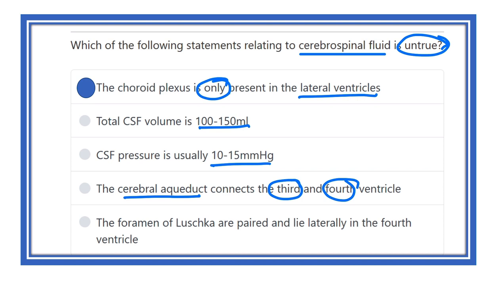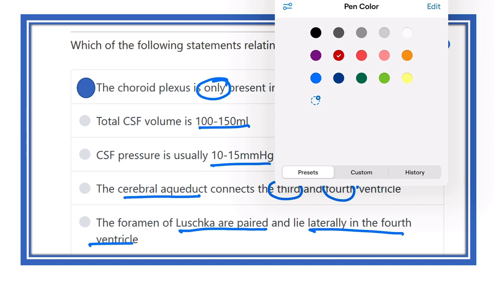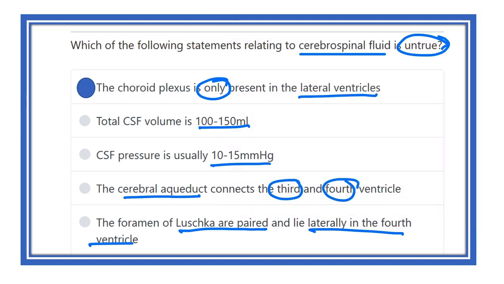Foramen of Luschka is paired, that means it is situated on either side of the fourth ventricle. So the only false option is that the choroid plexus is only present in the lateral ventricle. It is not true, because the choroid plexus is present in all other areas like the third ventricle and fourth ventricle.